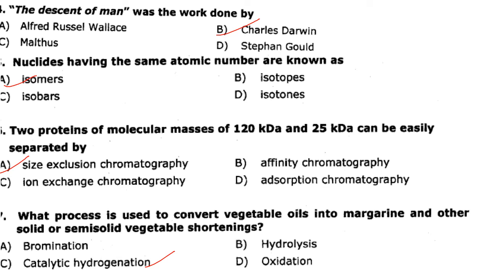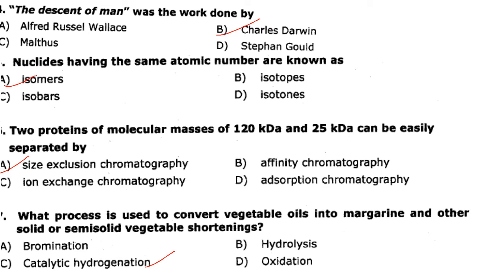Answer is option A. Two proteins of molecular masses 120 kDa and 25 kDa can be easily separated by. So they are of different molecular mass. One is much higher, that is 120 kDa, and the other is much smaller, that is 25 kDa. So we can separate two such proteins which differ so drastically in molecular mass by size exclusion chromatography.